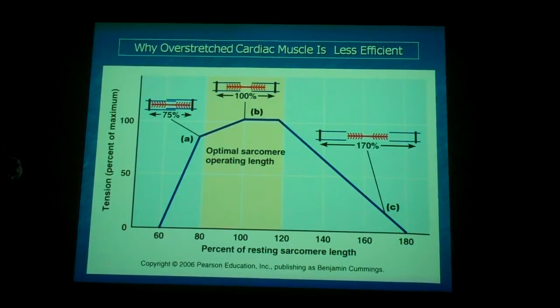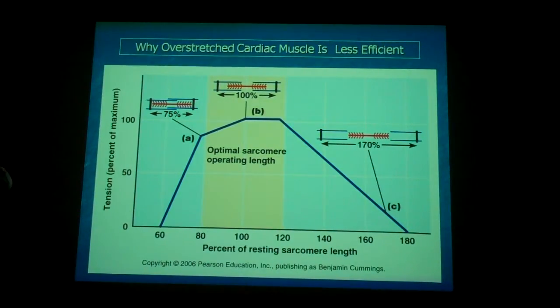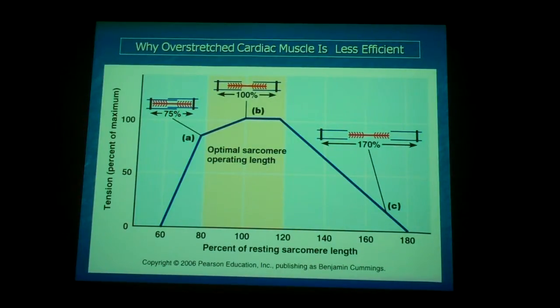If you overfill it, overstretch the fibers with blood, too much blood in there, or a weak heart is not emptying itself efficiently with each beat while still receiving more blood, the fibers keep stretching, and you get very weak contraction out here.